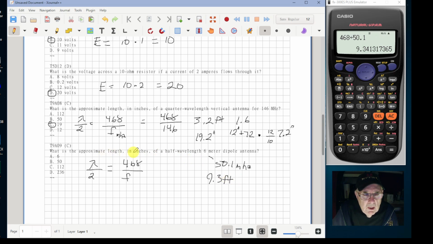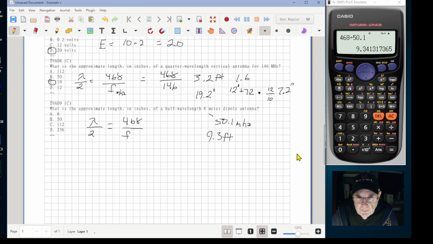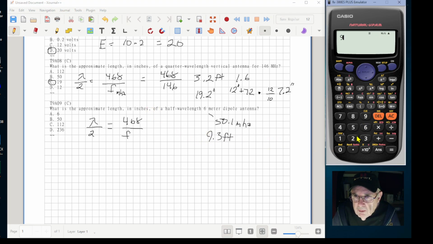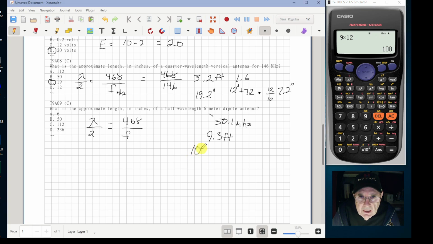But again, they want it in inches. They like to torture us with that. So how many inches are in 9 feet? Well, that's just 9 times 12. So 9 times 12, and we see that this is 108 inches plus whatever a third of a foot is.